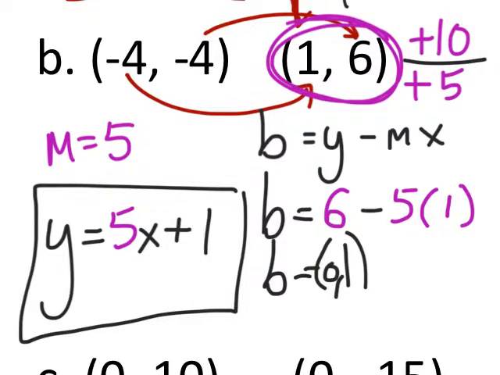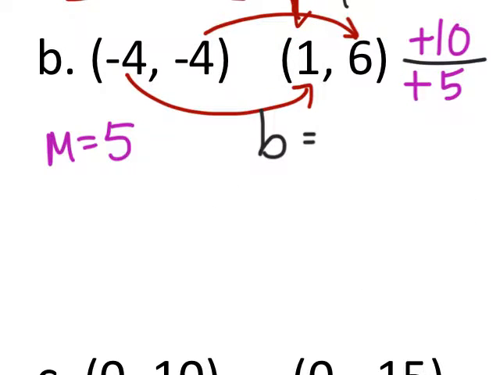Alright, next I'm going to do this using point-slope form. And you get to choose which way is better for you, which way you like the most. In fact, you could graph this and find that the y-intercept is (0, 1). The choice is yours. Well, in point-slope form we still need the slope, okay? So I'm going to go through this.